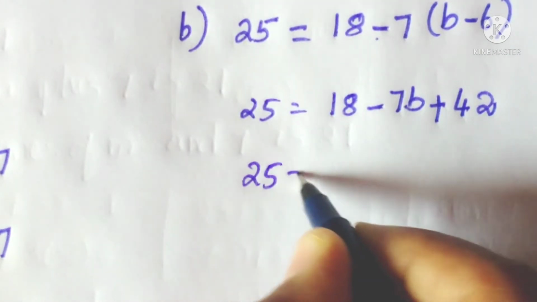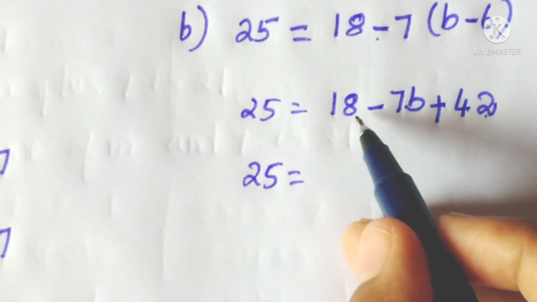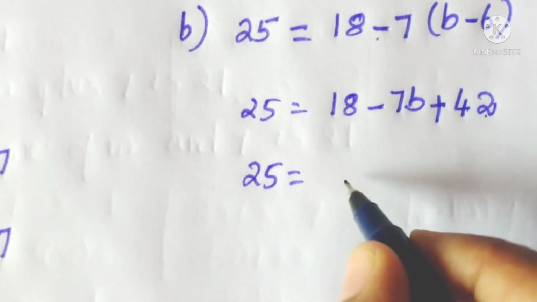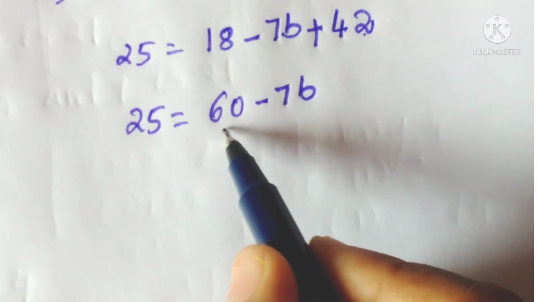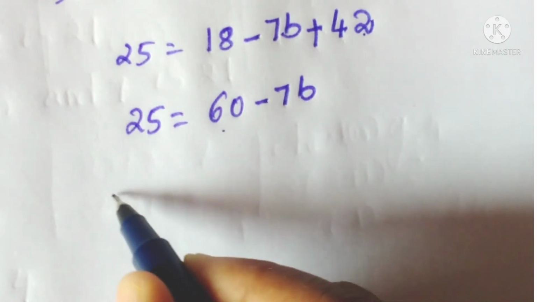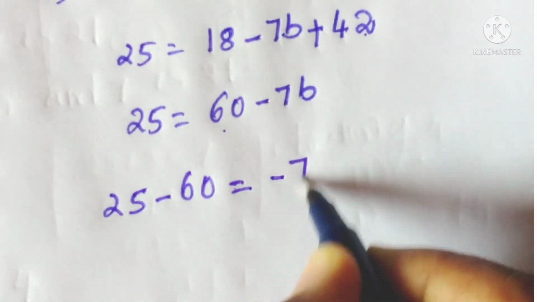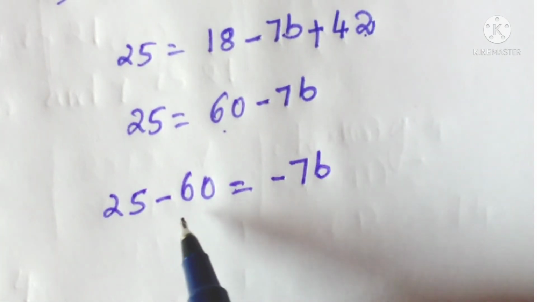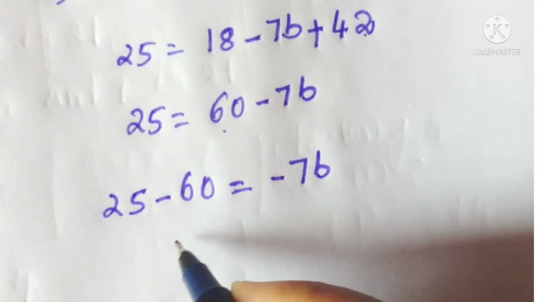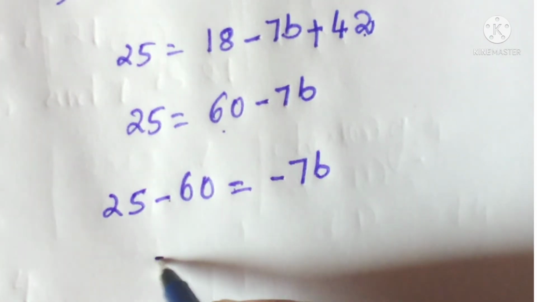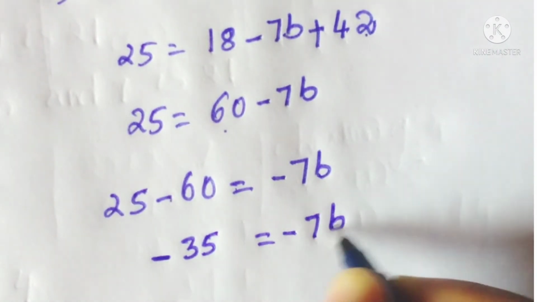Okay, then 25 equals 42 plus 18. 42 plus 8, 50. 50 plus 10, 60. Minus 7b. So if we transpose 60 to this side, 25 minus 60 is equal to minus 7b. So first 60 minus 20 means 40. 40 minus 5, 35. Before the big number minus is there. So it is minus 35 equals minus 7b.